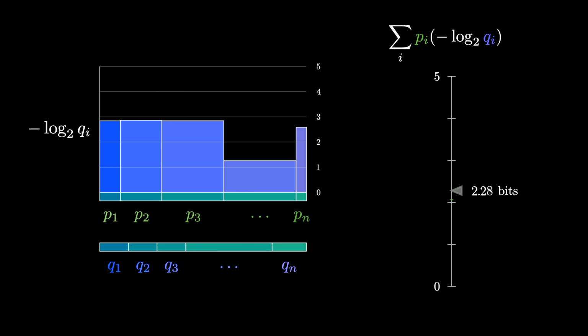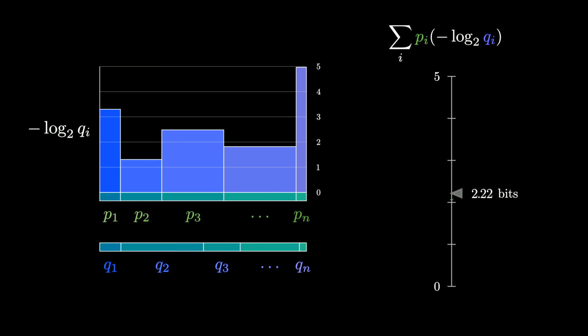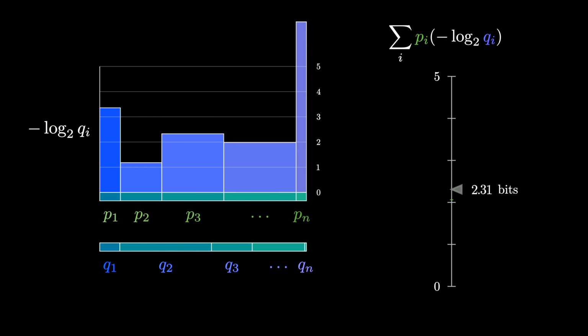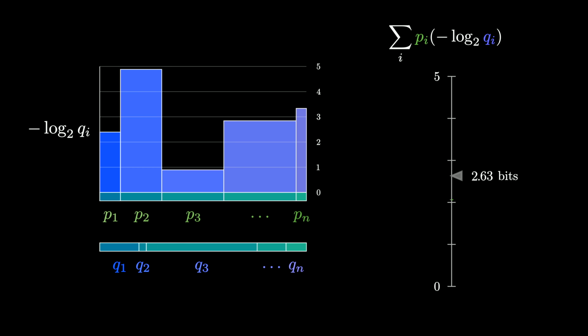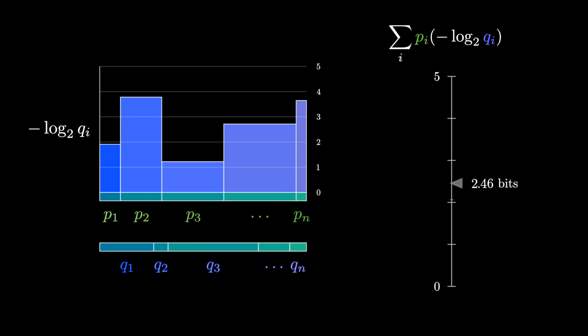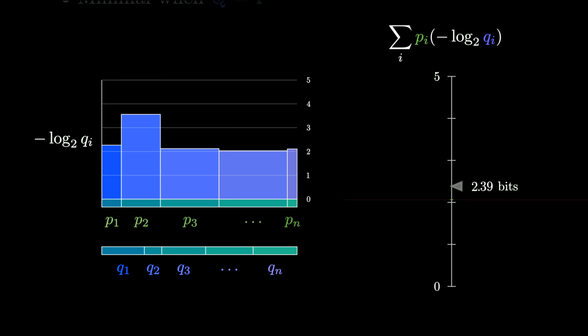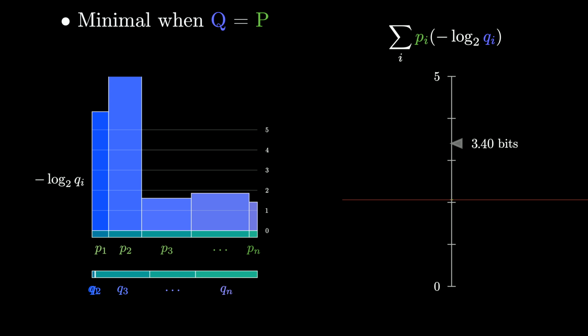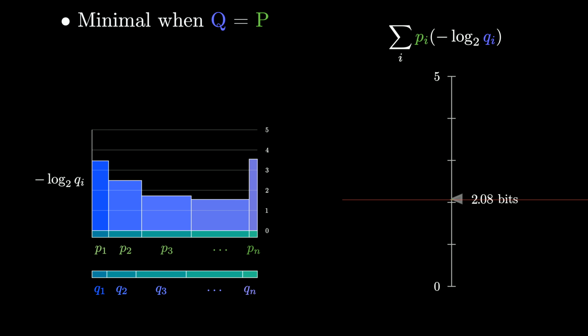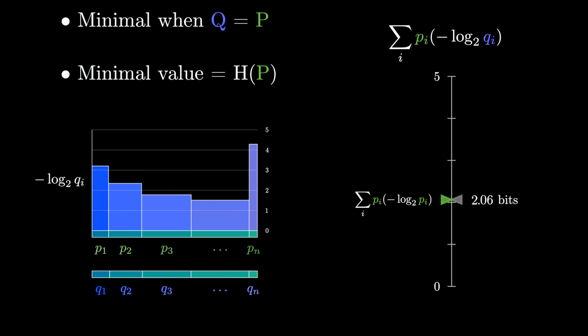We'll take that core diagram that we built up. I'm going to keep P, the width of all the bars, fixed, and the distribution Q is going to be variable. Remember, Q is what determines the height of all of these bars, those negative log base 2 values. And again, that key fact is that this value is bound by a certain minimum, that it achieves that minimum when Q is equal to P, and that the minimal value is the entropy of P.